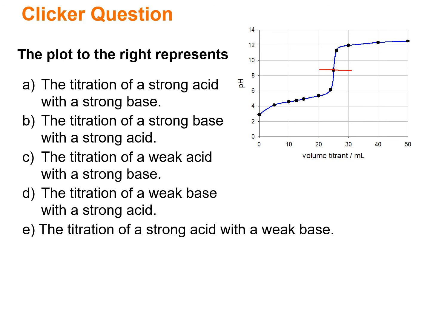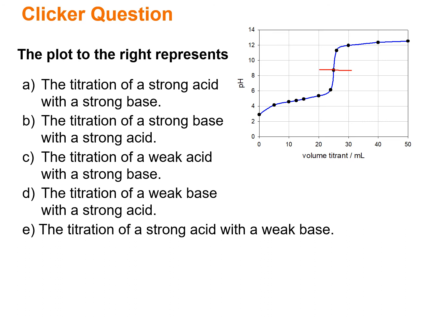We just did a weak base with a strong acid, and our pH ended up for the equivalence point being less than 7, in the acidic region. We saw with a strong acid and strong base, we ended up with a pH of 7. And we know when we do a weak acid with a strong base, we end up with a pH at the equivalence point, because you're just left with a weak base, of something that is higher than 7.